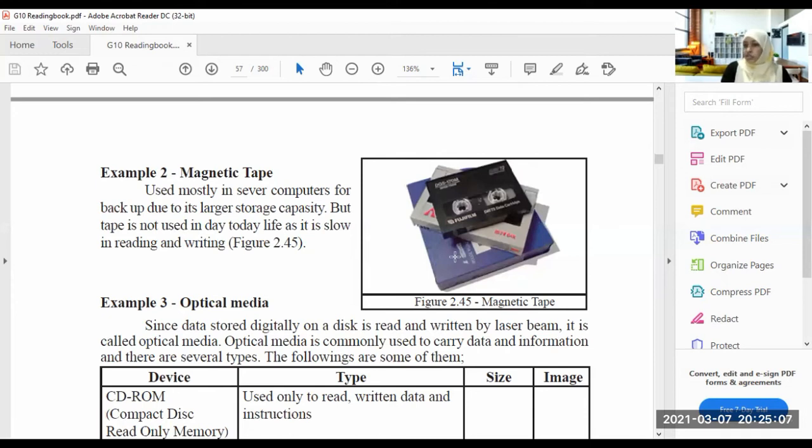Inside it is like a plastic ribbon, and all the data and information are stored in this ribbon. It is not in use nowadays.